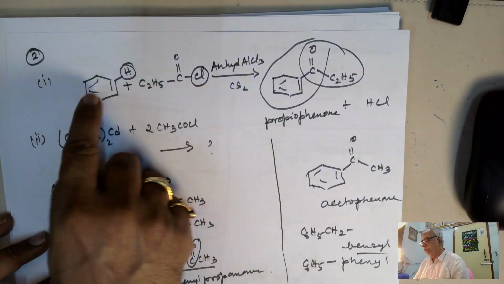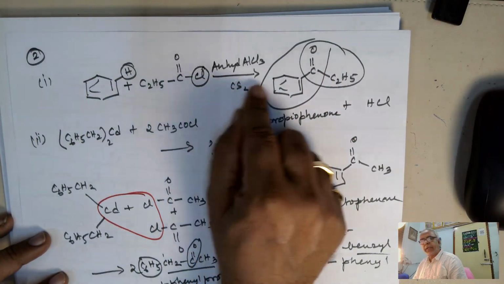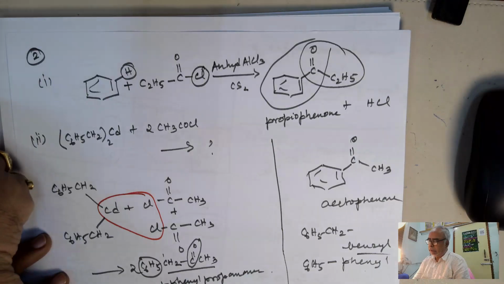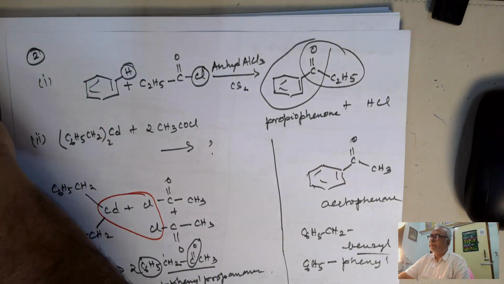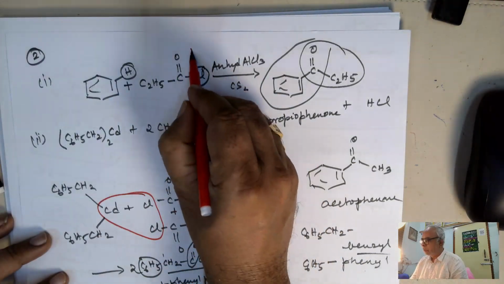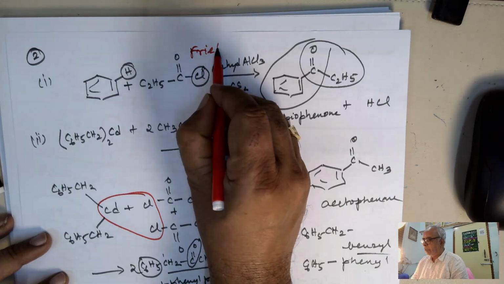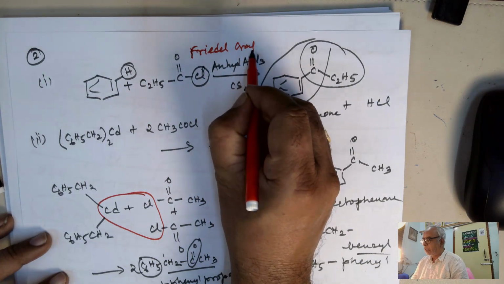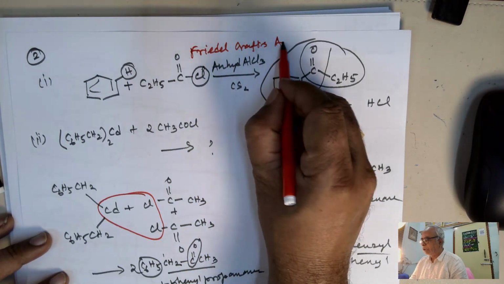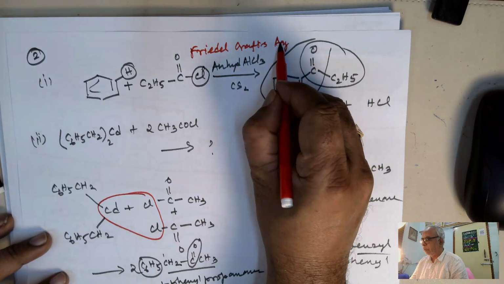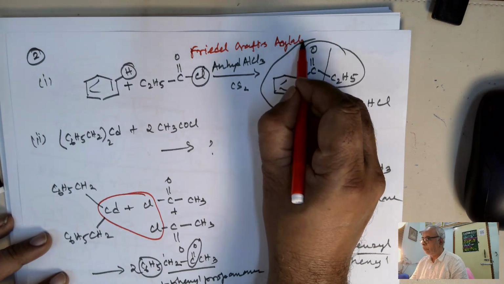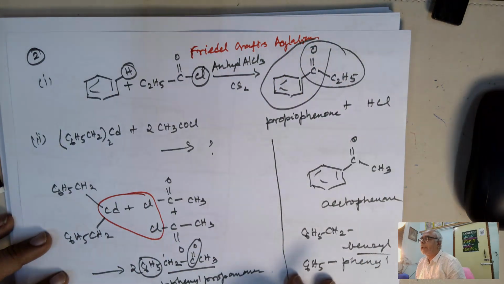So since it is acetylated, it is called Friedel-Crafts acylation. Okay, this is known as Friedel-Crafts acylation.